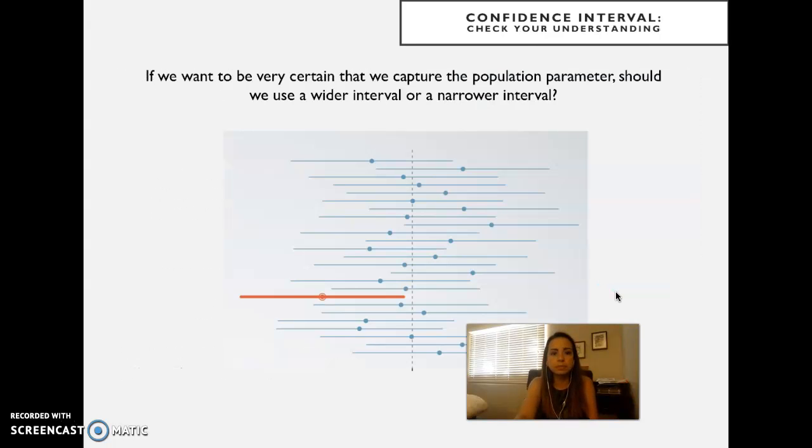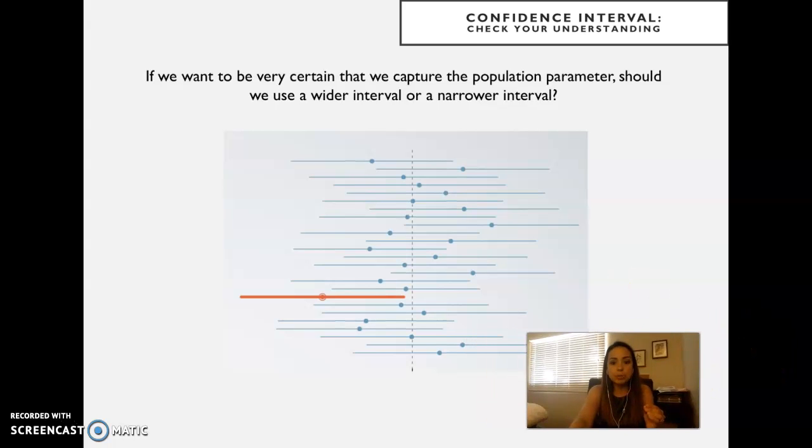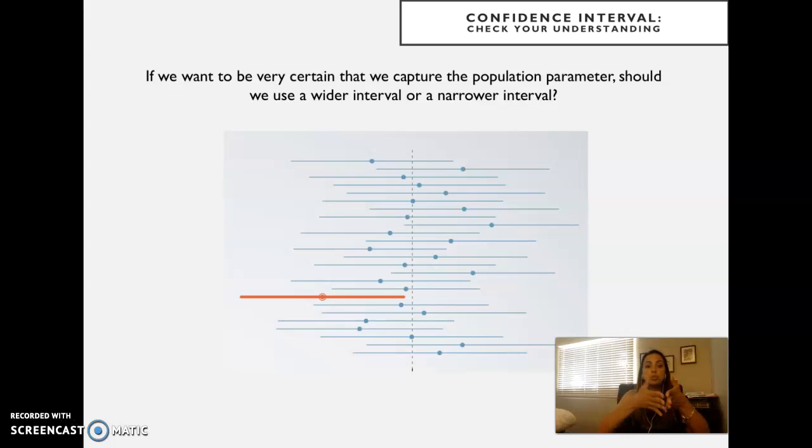So if we want to be very certain that we capture the population parameters, should we use a wider interval or a narrow interval? If you're thinking a wider, you're right. So to increase the chance of getting a fish, the wider the net I cast, the greater the chance I have to get the fish.